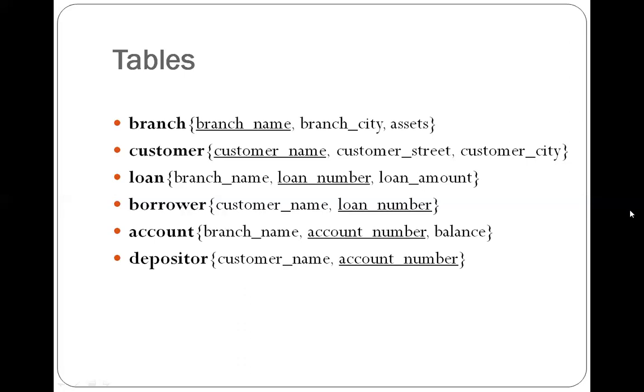For the account table, there are 3 attributes: branch name, account number, and balance, and account number is the primary key. In the depositor table, there are 2 attributes: customer name and account number, and account number is the primary key.